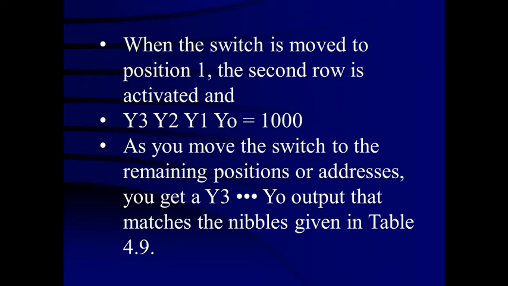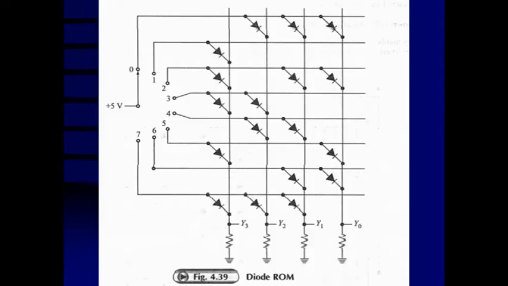When the switch is moved to position 1, the second row is activated and Y3, Y2, Y1, Y0 is equal to 1, 0, 0, 0. As you move the switch to the remaining positions or addresses, you get Y3, Y2, Y1, Y0 outputs that match the nibbles given in table 4.9.